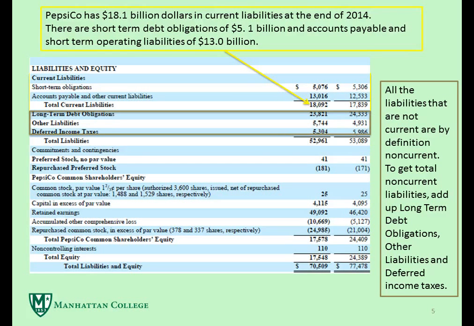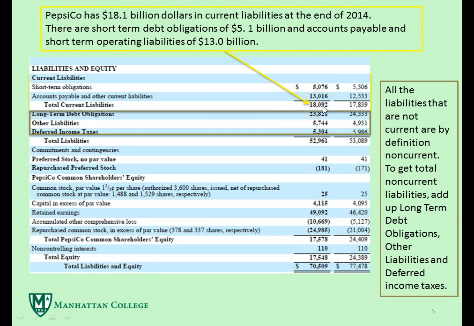Well, PepsiCo has short-term liabilities of $18.1 billion. Some of these are short-term debt obligations that bear interest, about $5.1 billion. Most of these are informal debts that are paid in the short term, like accounts payable to suppliers, wages payable to employees, taxes payable to the government.